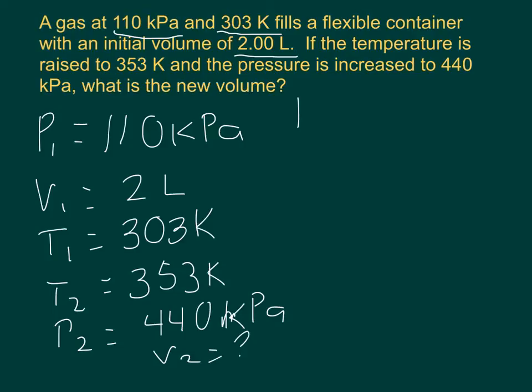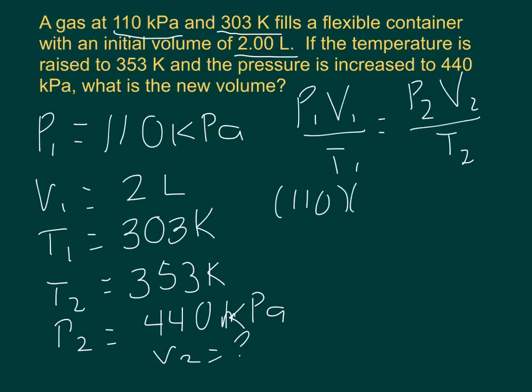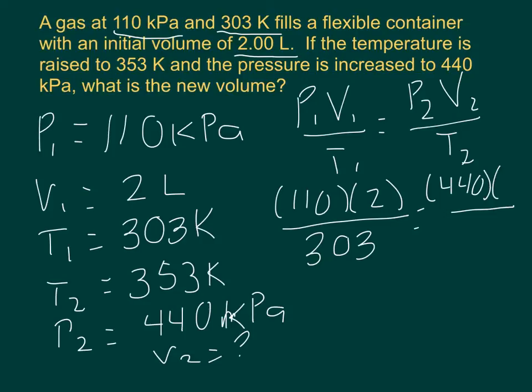We're going to set up our equation: P1 V1 over T1 is equal to P2 V2 over T2. When I plug in the numbers, I end up with 110 times 2 over 303 is equal to 440 times V2, that's my unknown, over 353.